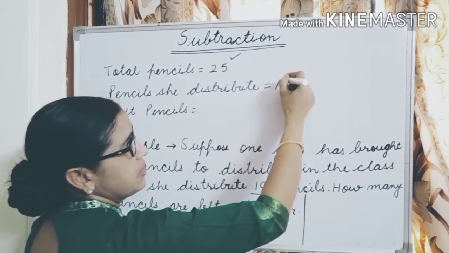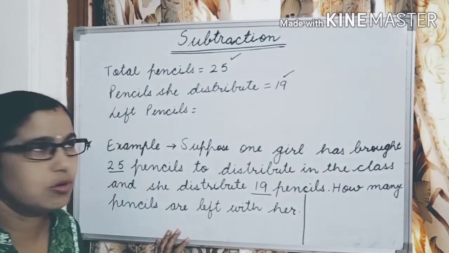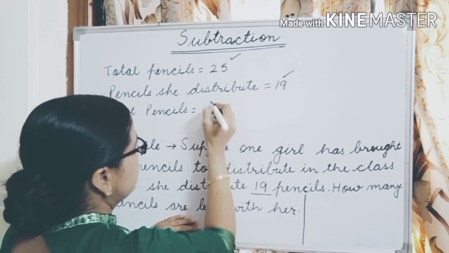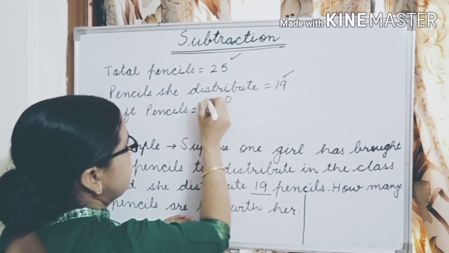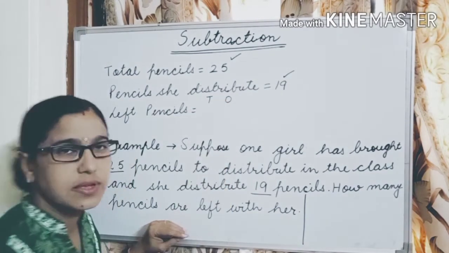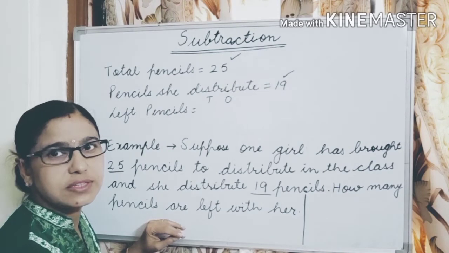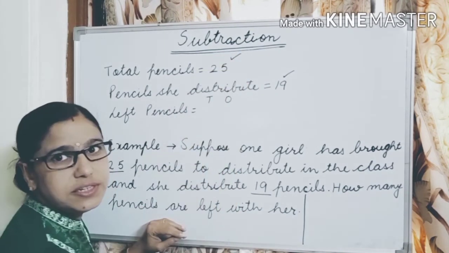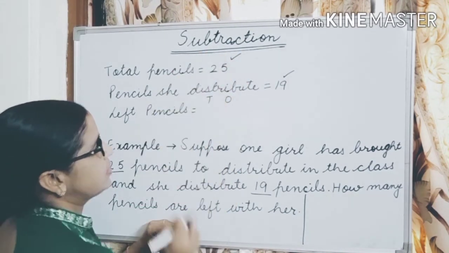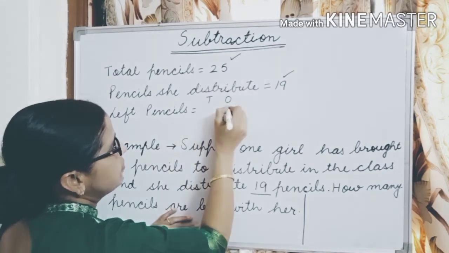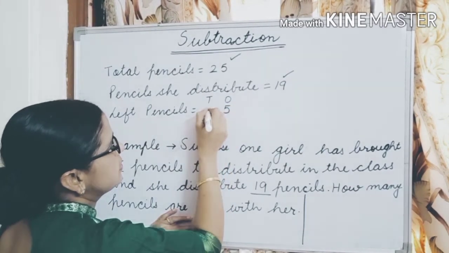And which one is smaller? This 19 is smaller. Then we will do ones and tens. In this 25, which digit is there at ones? 5. And which digit is there at tens? 2. Then write down 5, 2.